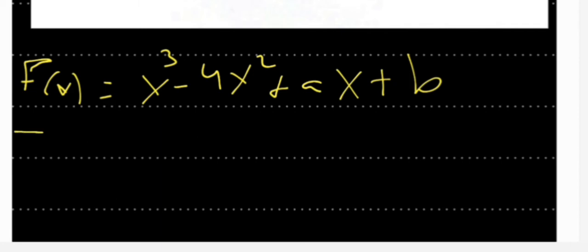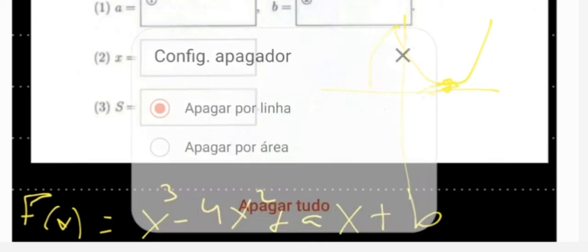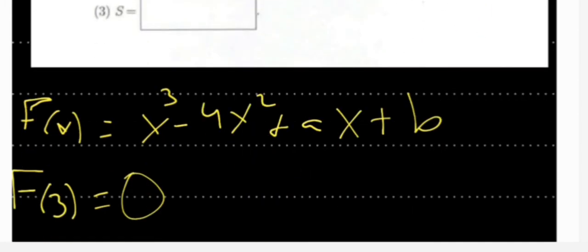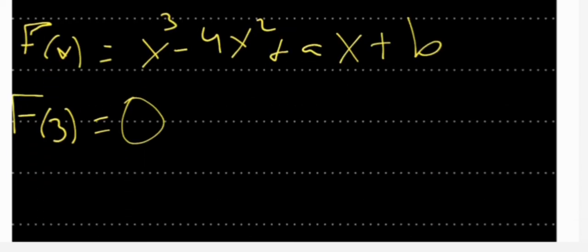So remember, f of 3 is equal to 0. Why? Because it is tangent. So something like this, right? It is touching the 0 over here. I'm drawing these things very badly. Okay, I hope you see that for it to be tangent, it needs to touch over here, and this point over here is the point 3, 0.